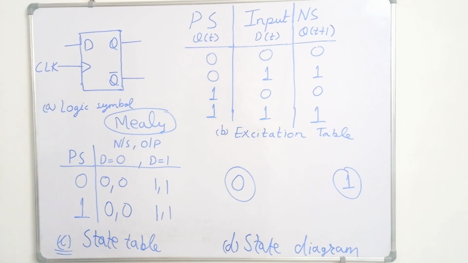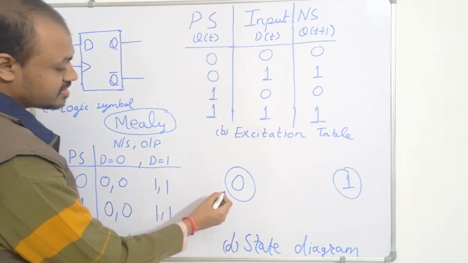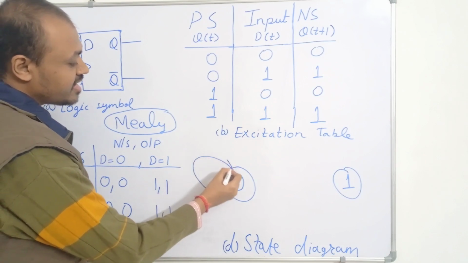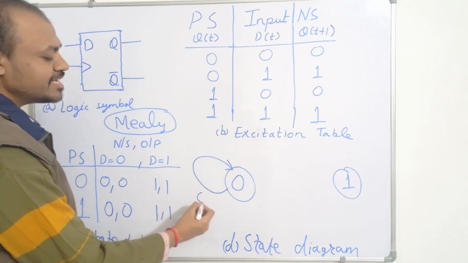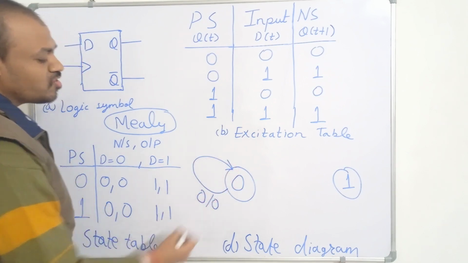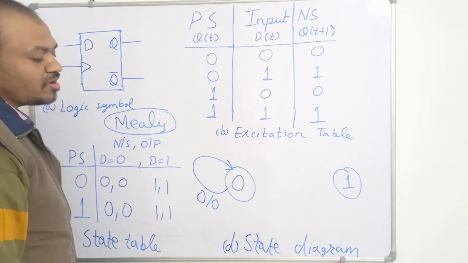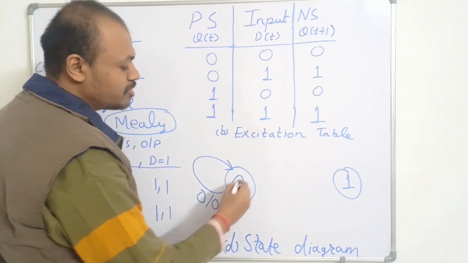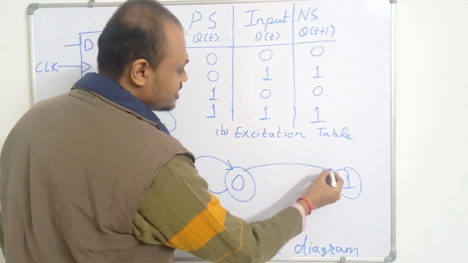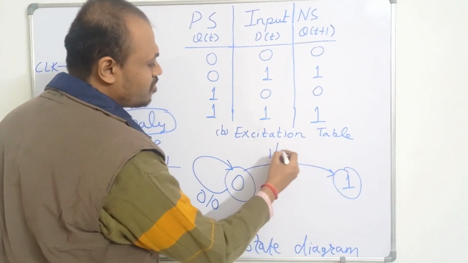Now if present state is 0 and input is 0, output will be 0, so it is denoted by the 0 oblique 0 arc. If present state is 0 and input is 1, output will be 1, so this is denoted by this arc 1 oblique 1.